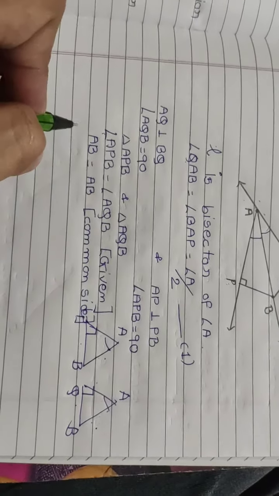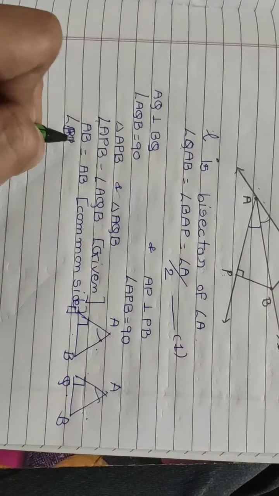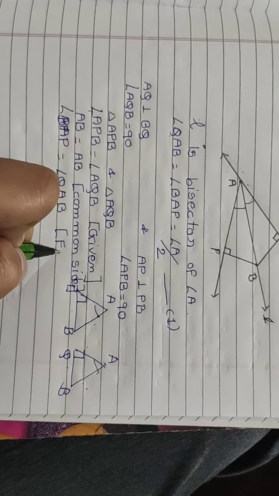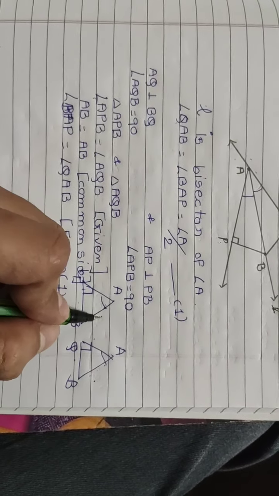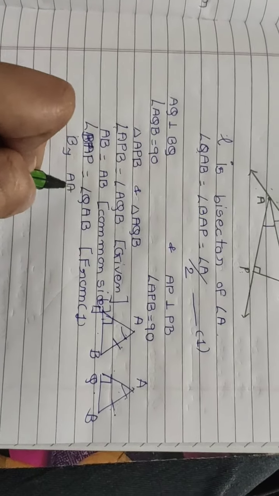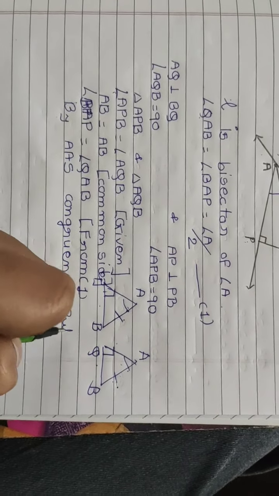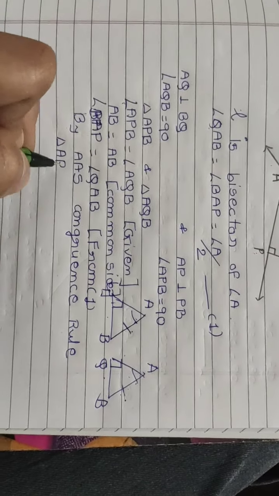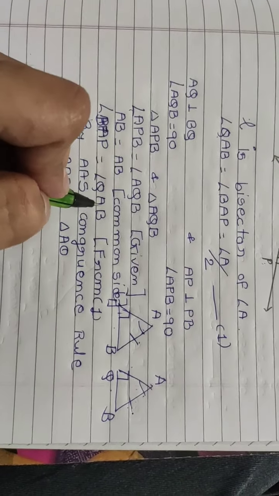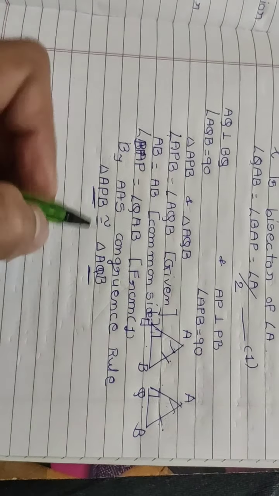And third one is angle BAP is equal to angle QAB because line L is the bisector of angle A. So from 1, because these two angles are there and this side is there, by AAS congruence rule, triangle APB is congruent to triangle AQB. Here A is A, P is Q, so in the center it is Q, and the remaining follows.